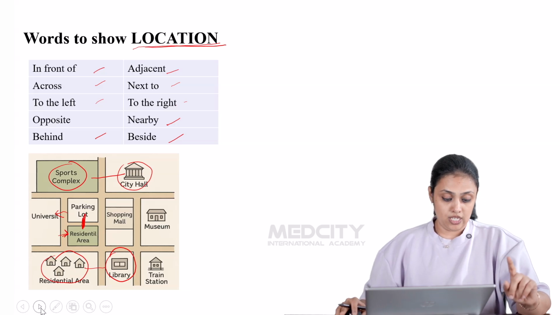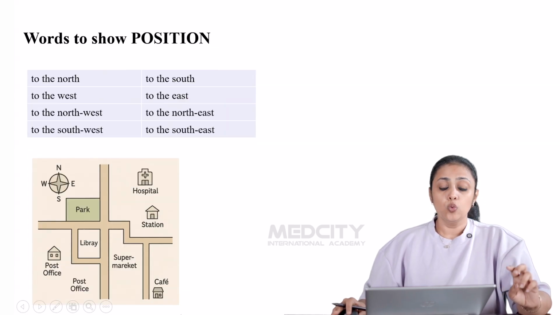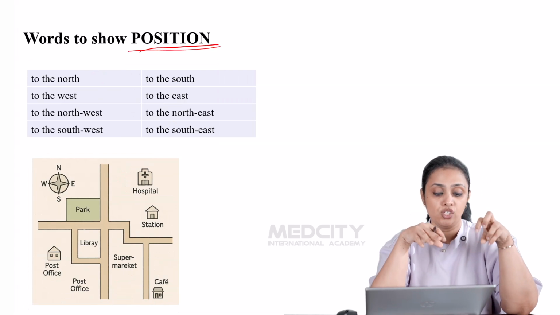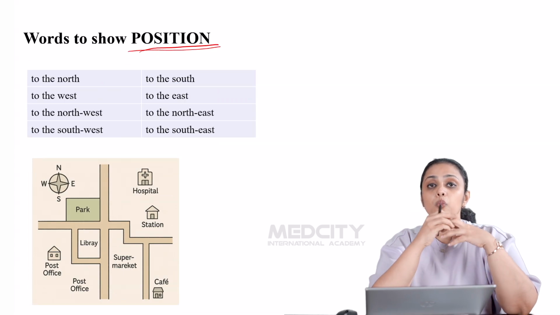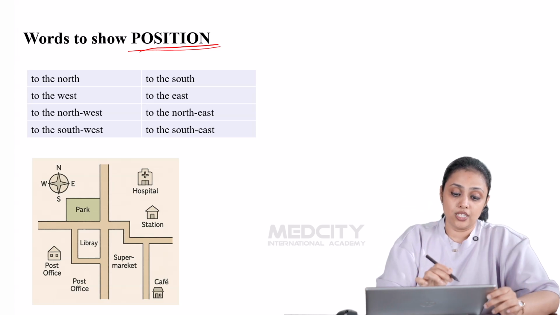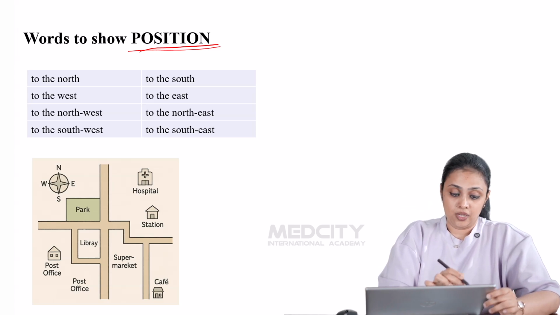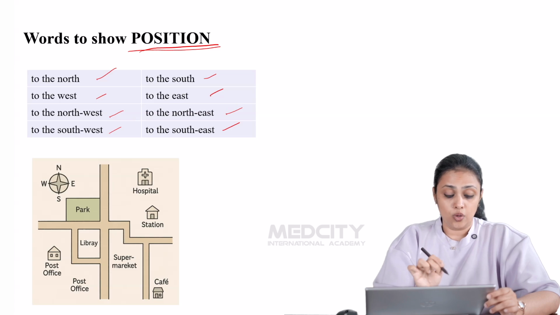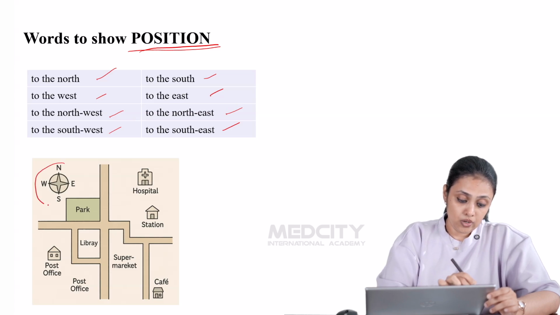Now we have one more set of vocabulary: words to show position. Apart from location, it will also be good if you can use words associated with direction: north, south, west, east, northwest, northeast, southwest, southeast. Now you can see the cardinal points given here.